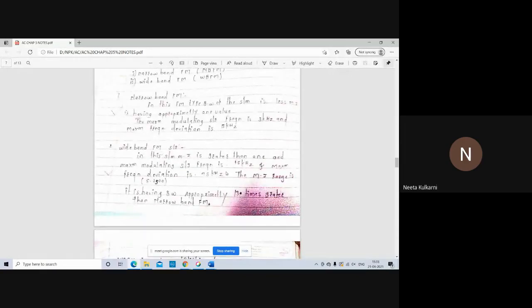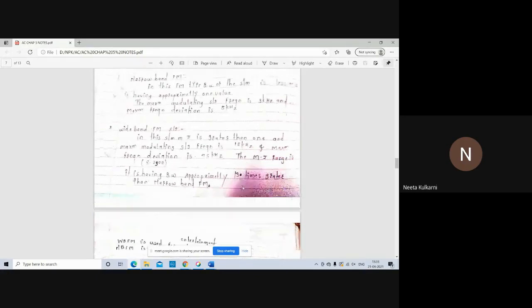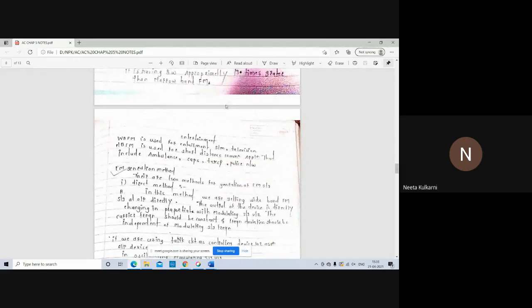In wideband FM signal, modulation index is also more. Modulating signal frequency and deviation, both values are higher in this. That is the difference between the two.